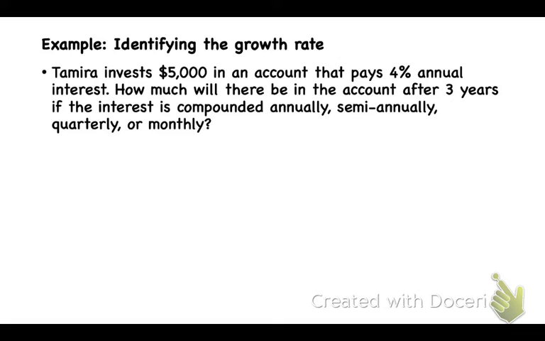Okay, so my equation is P times 1 plus R over N, to the N T, correct? Yeah. Okay, so P is 5,000.